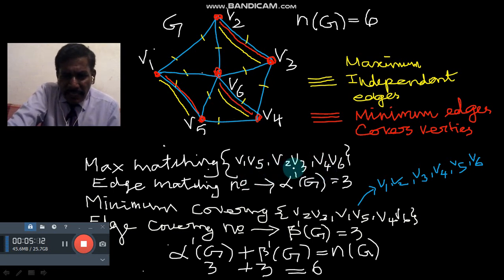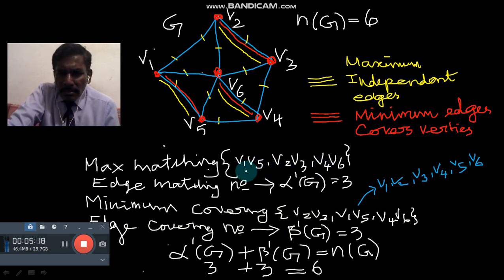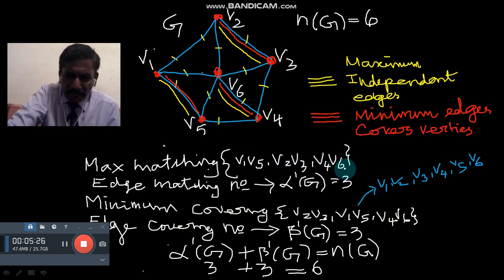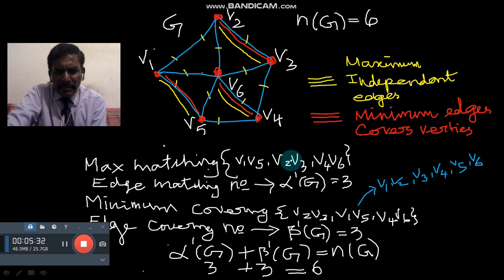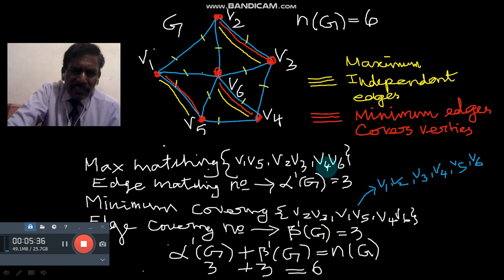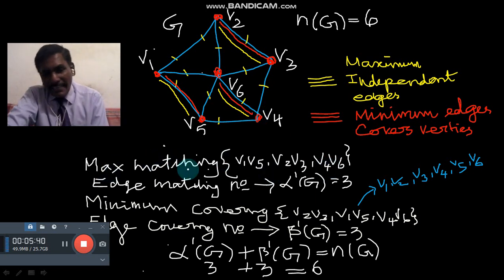No other edge can be added to these so that the edges remain independent of one another. Therefore, we call it a maximum matching. We can find two edges independent of one another, but more than three independent edges we cannot find, and that is called a maximum matching.